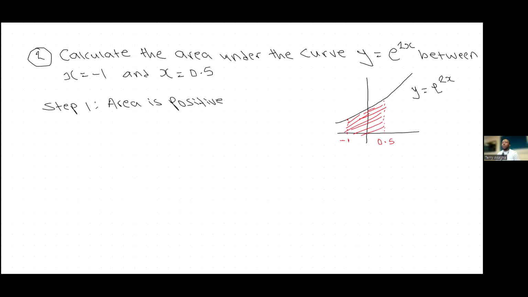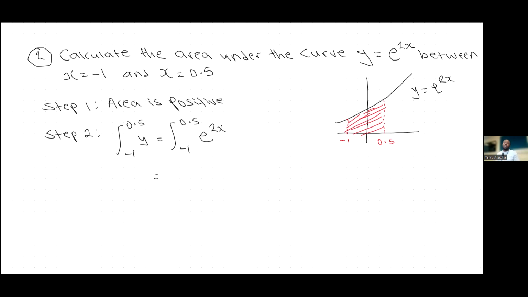So step 2. We're interested between minus 1 and 0.5, so we're going to integrate the curve between them. The upper limit is going to be 0.5 and the lower limit is going to be minus 1. So we're going to integrate exponential 2x. Please go back to my videos on how to integrate exponential curves.